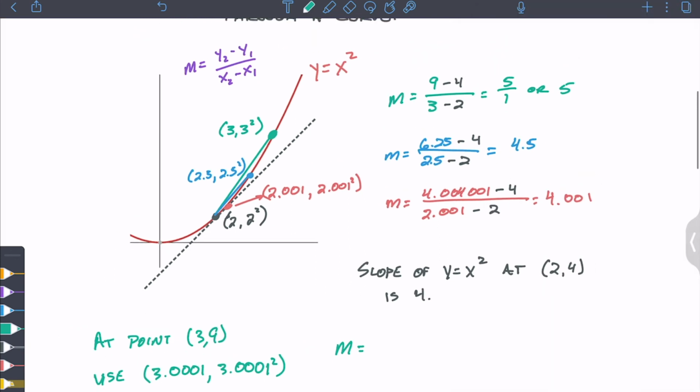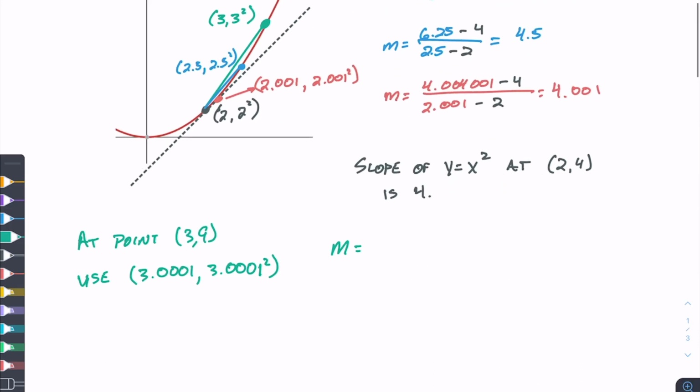3.0001 squared is 9.00060001. So we have 9.00060001 minus 9 over 3.0001 minus 3.